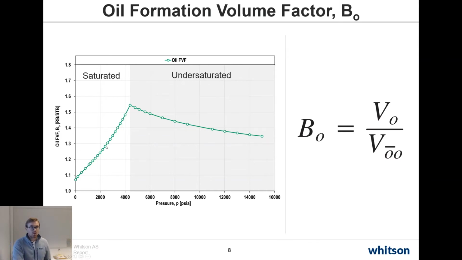curve, where we plot oil formation volume factor versus pressure, and we differentiate between two parts of that in the PVT table. The first one is essentially the saturated part, and when we're above the bubble point, so this is the bubble point indicating the bubble point, we're in what we call the undersaturated part of the black oil table.